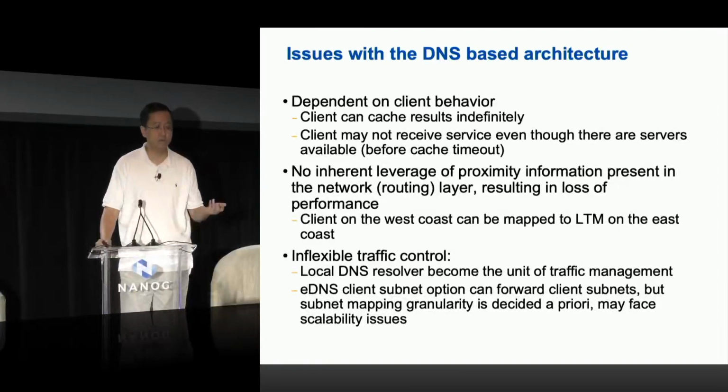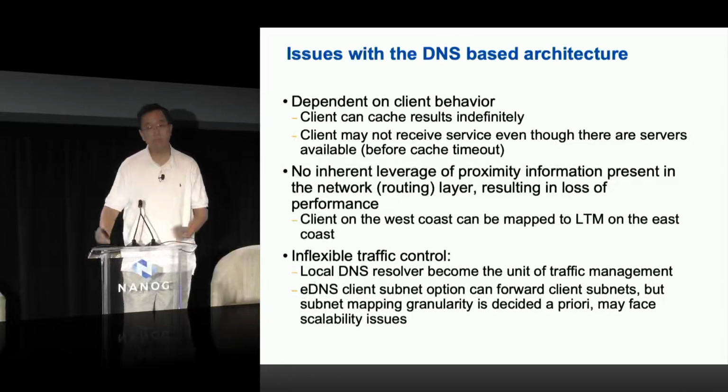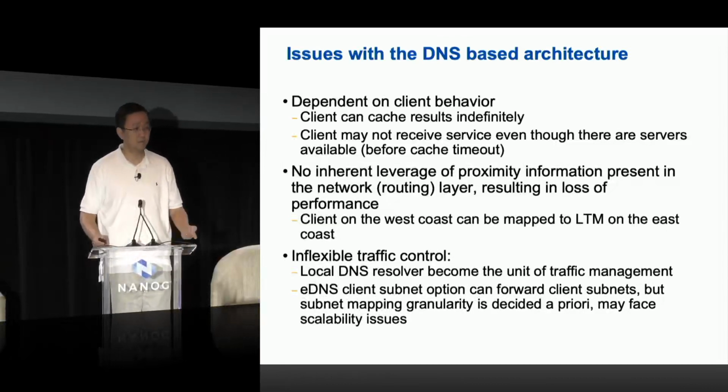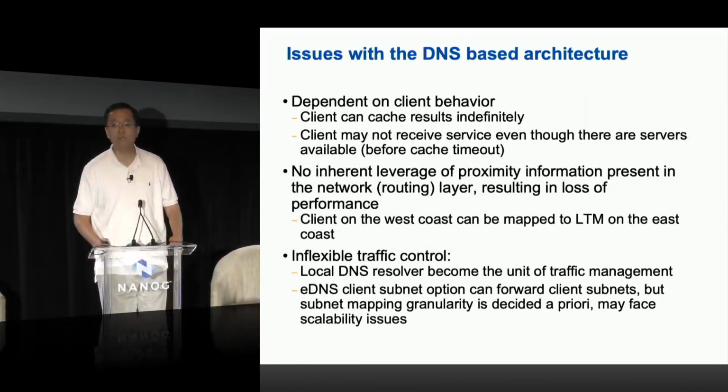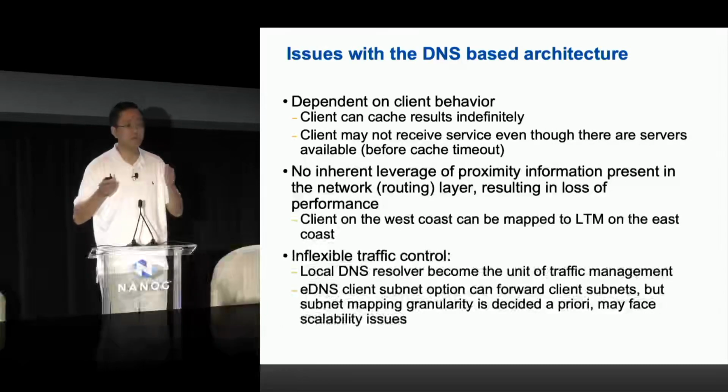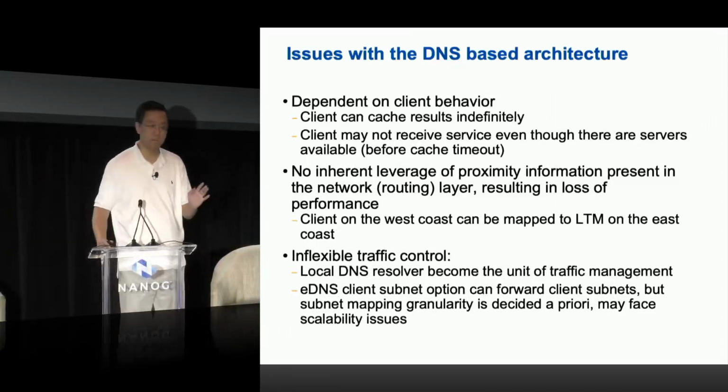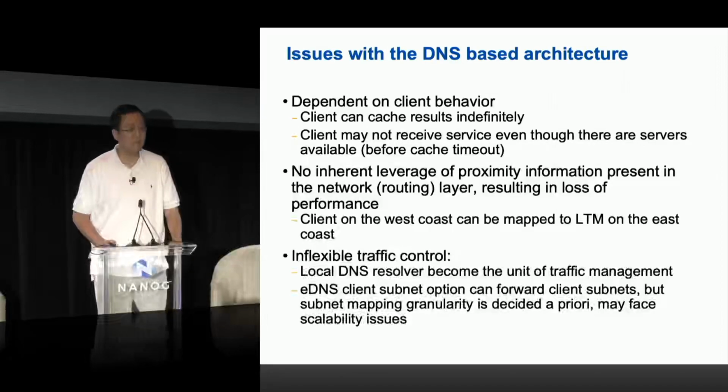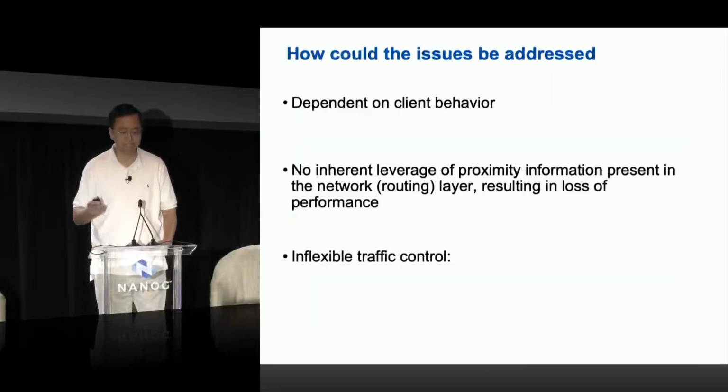Of course, the extension, the DNS or client subnet, can mitigate this approach, but I guess it depends on whether it's available. And then also, if you can truly aggregate multiple CIDRs or subnets so that it can scale well, right? Those are some of the issues that we have found, and we would like to address them.